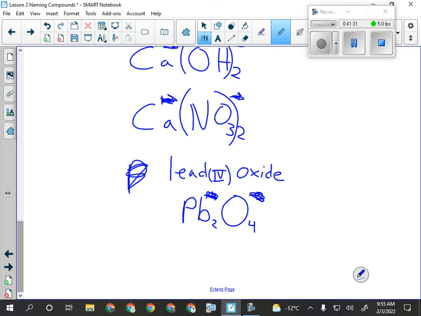Okay, so I always want to make sure my ionic compounds are in the lowest terms. It doesn't happen very often, but it is something you have to be on the lookout for. Okay, so the charges still work here, because this is a plus 4, this is a minus 2, right? 4 times 1 is 4, 2 times 2 is 4, so it still works. Okay, it's just in the lowest terms.